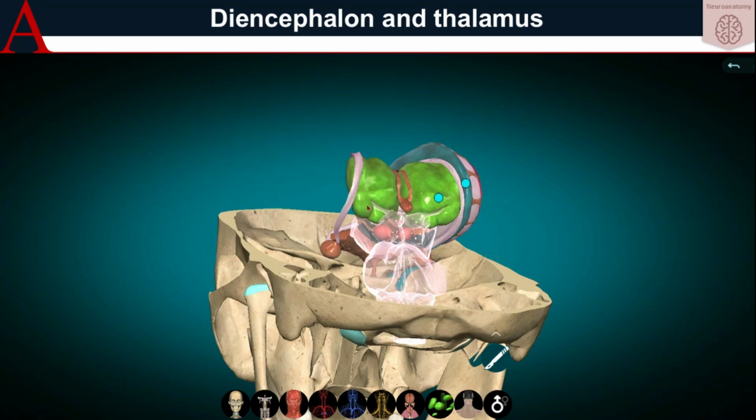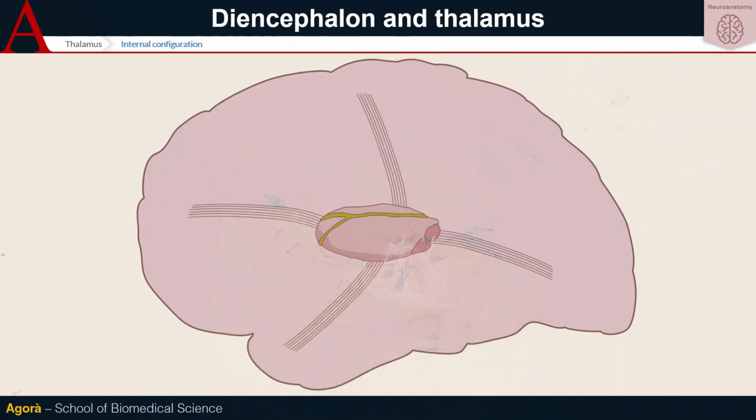As we mentioned earlier, numerous efferent fibers emerge from the thalamus. In some areas, these fibers form thickened bundles of white matter known as the thalamocortical radiations.